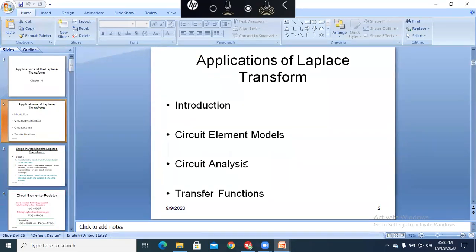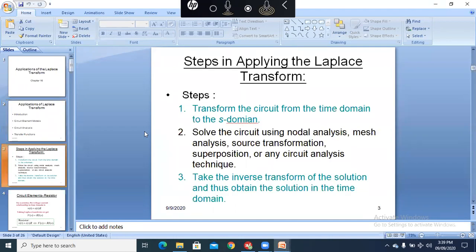Circuit analysis techniques like mesh analysis, nodal analysis, source transformation, Thevenin method, and other methods are also used in Laplace transform circuit analysis. The steps are almost the same as those we studied in the frequency domain, or phasor representation of the circuit.